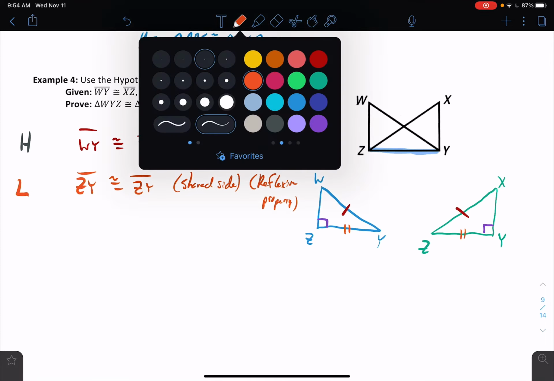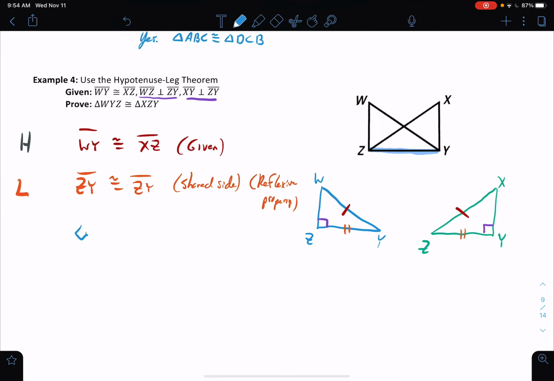Okay? So triangle WYZ congruent to triangle XZY. Sorry, getting ahead of myself, getting too excited. Well, notice what I have written right here. Because of the hypotenuse leg theorem.